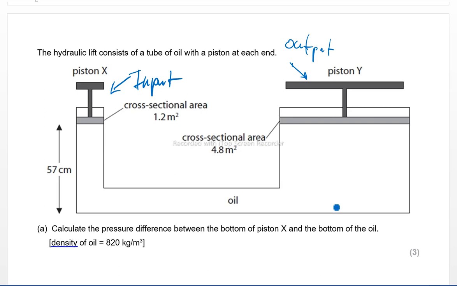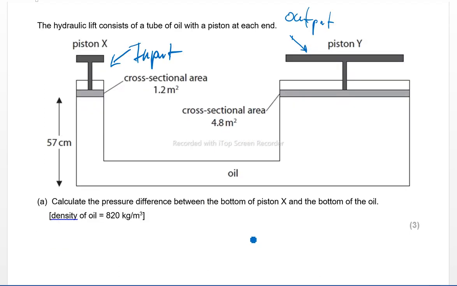Calculate the pressure difference between the bottom of the piston X and the bottom of the oil. So I'll mark this point as A, and this point as B. So what they're asking is PAB, right? It's a pressure difference due to a liquid, right? So simply h rho g.